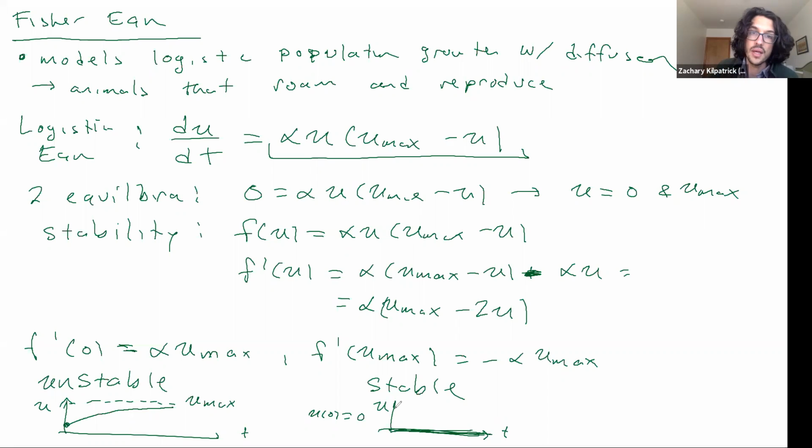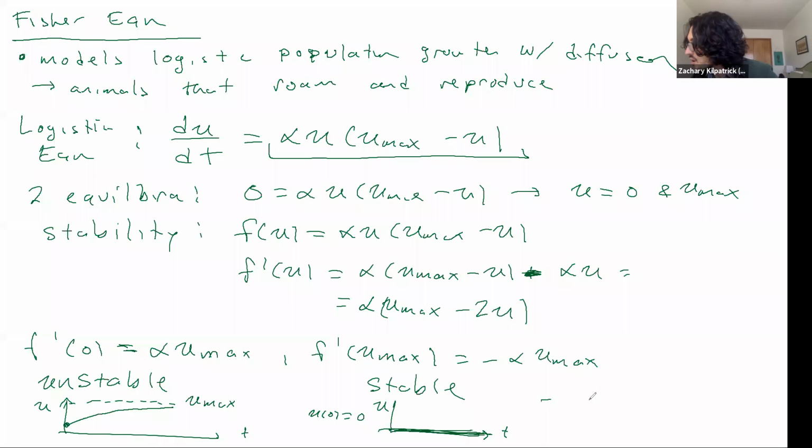So why do we do this starting simple analysis? It's because the fact that u equals 0 is an unstable equilibrium and u equals u max is a stable equilibrium creates some interesting properties of the traveling wave that are going to be different than when we look at the bistable equation. The bistable equation actually has two stable fixed points separated by an unstable fixed point.